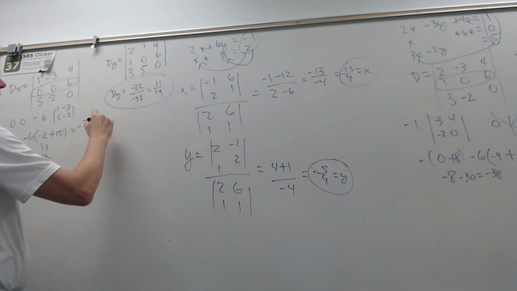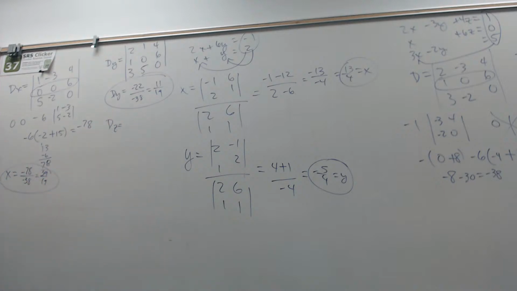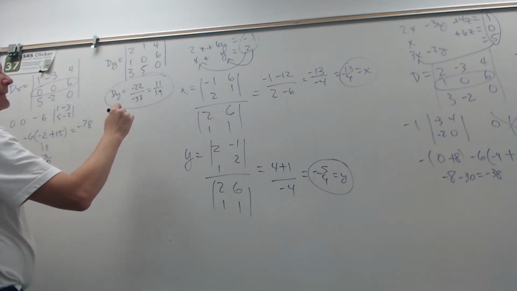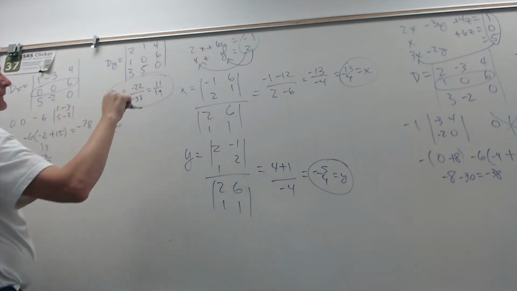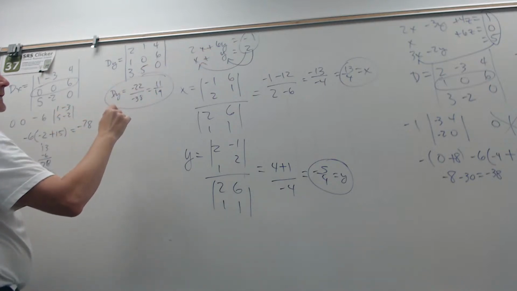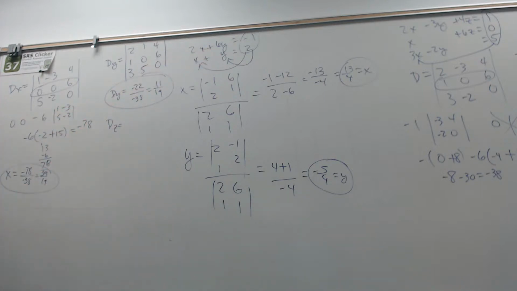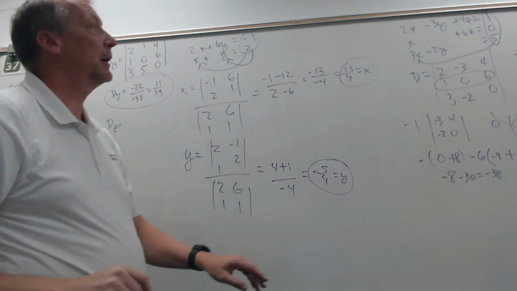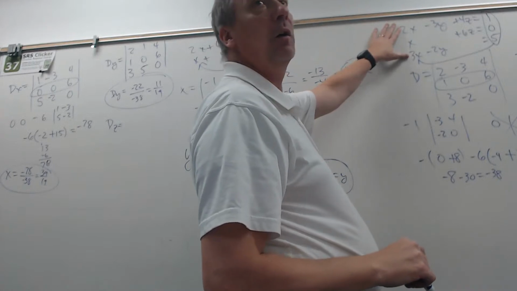Okay? D sub z, just to set this up, is what, Christian? For z, you should go back to the original equation, so just 4 and 6. Okay, so we're going to keep the coefficients here.